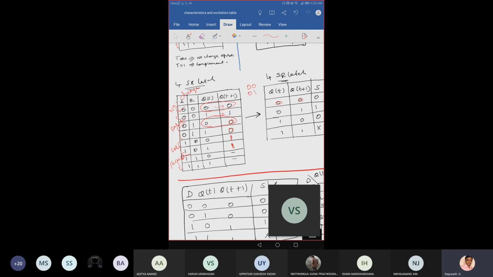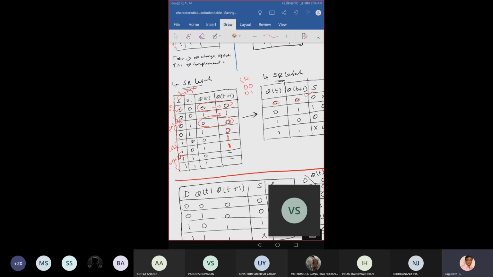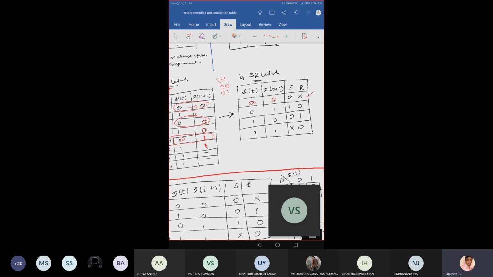So what is the value of S and what is the value of R? 0, X. Similarly, note down 0, 1. Where do you have 0, 1? You have only this option. So this row gives 0 and 1, and the corresponding value is 1, 0. Now you just copy the value.